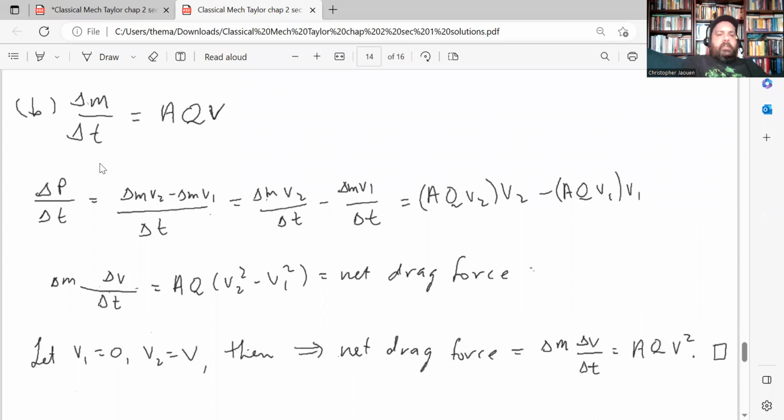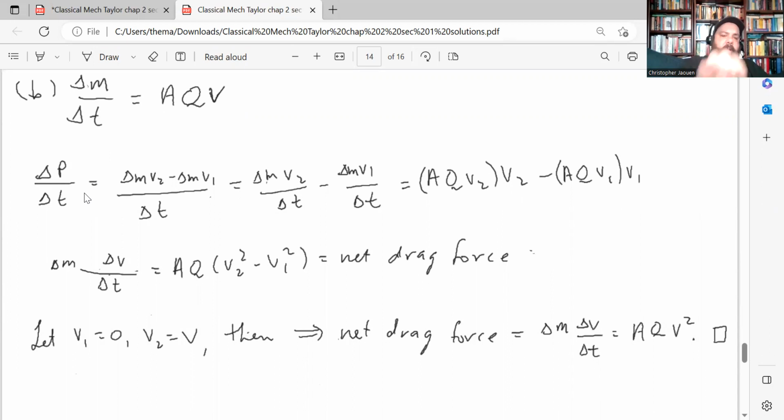So for B, from part A, we know that the change in mass over the change in time is A times Q times V. If you look at the change in momentum over time, you get delta M V2 minus delta M V1 over delta T. V2 is the velocity at time 2, and V1 is the velocity at time 1.